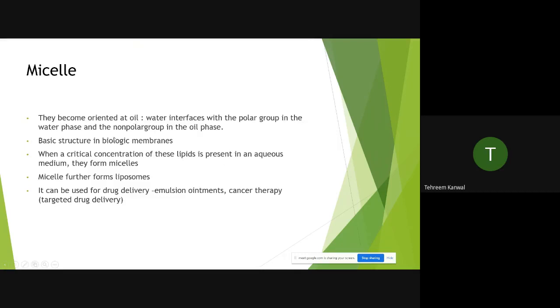They become oriented at the oil-water interface with the polar group in the water phase and the non-polar group in the oil phase. I already told you that.